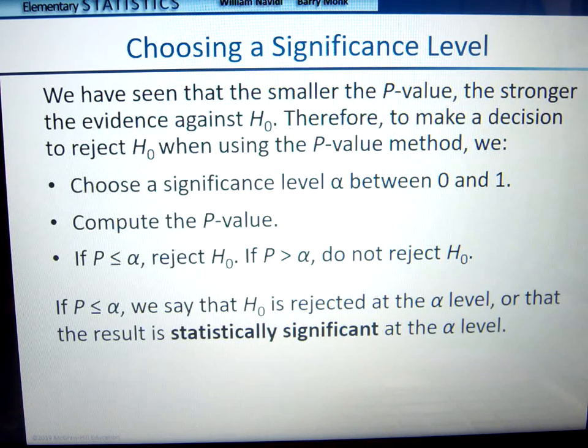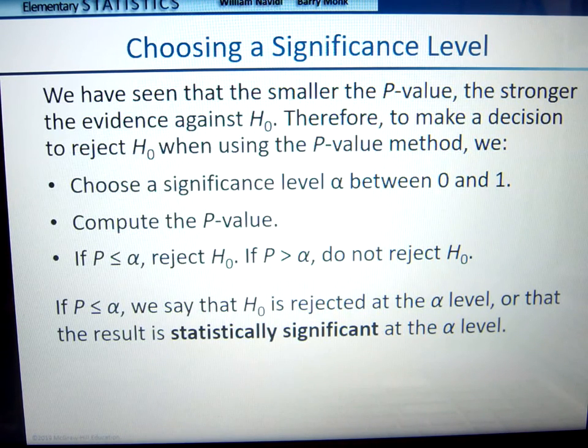Choosing a significance level. So now you've seen the smaller the p-value, the stronger the evidence is against the null hypothesis. Therefore, to make a decision to reject the null hypothesis using the p-value method, we must: 1. Choose a significance level alpha that's between 0 and 1. 2. Compute the p-value.